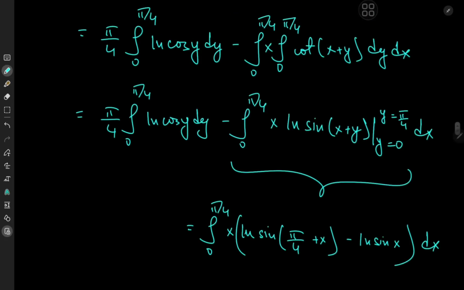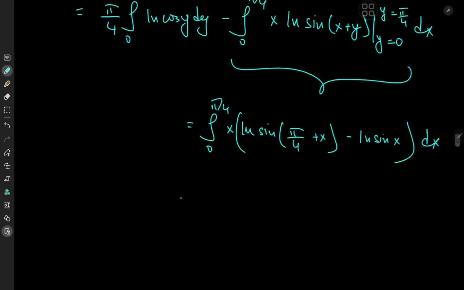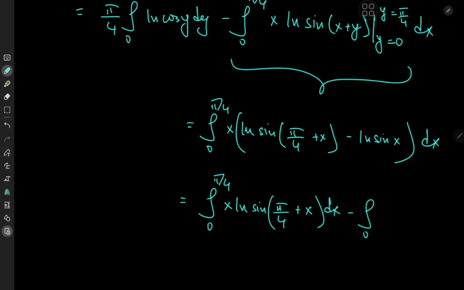And again, using the linearity of the integration operator, we will have an integral from 0 to pi by 4 of x times log sine of (pi by 4 plus x) dx minus the integral 0 to pi by 4 of x times log sine x dx.